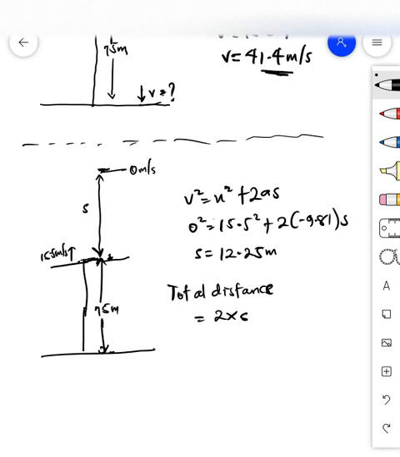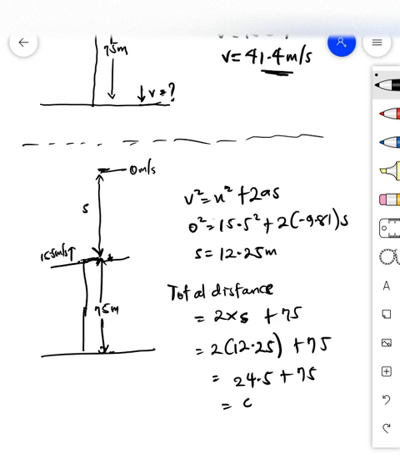Total distance equals 2 times s, which is this distance, 2 times this because it goes from here to the maximum height and also that same distance down, plus 75. So 2 times 12.25 plus 75 equals 24.5 plus 75 equals 99.5 meters. Final answer.